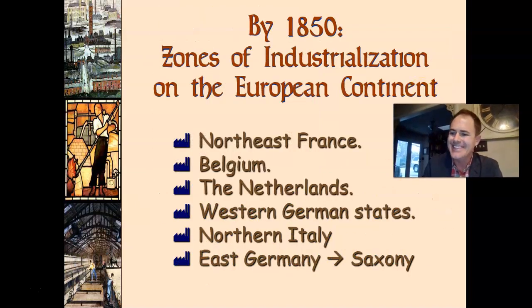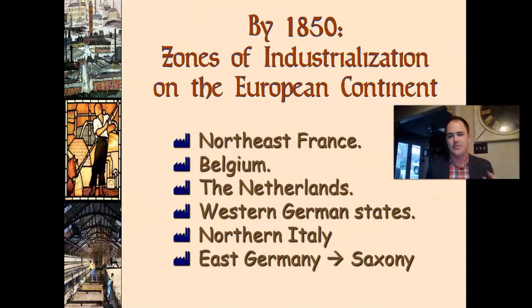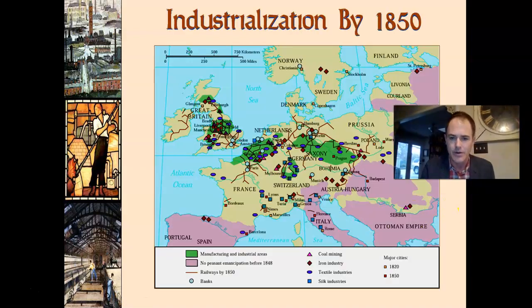All right, these ideas of industrialization, right, increasing production, using machines and these new sources of power, are going to spread from England, and by 1850 be concentrated in some key zones on the European continent: Northeast France, Belgium, the Netherlands, Western German states, Northern Italy, and Saxony. I think I have a map on the next slide. Yep, here we go, right?